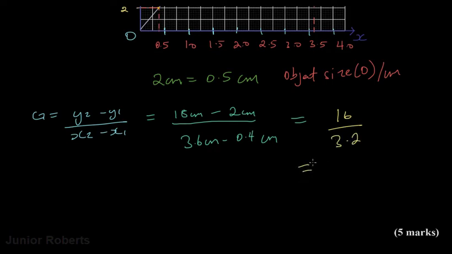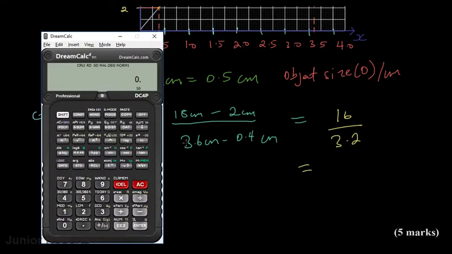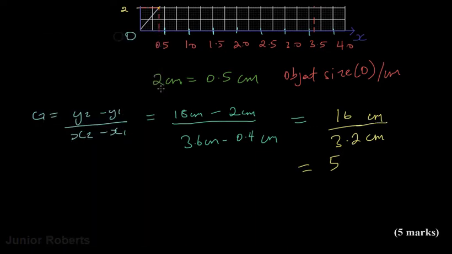When we take the quotient of this, 16 divided by 3.2, we get 5. In this case, because we have centimeters in our numerator and centimeters in our denominator, we will not have a unit for our gradient. So this is the value for our gradient, G. Now let us continue.